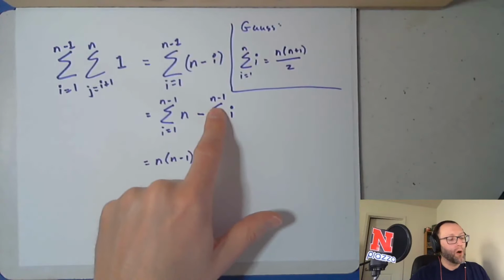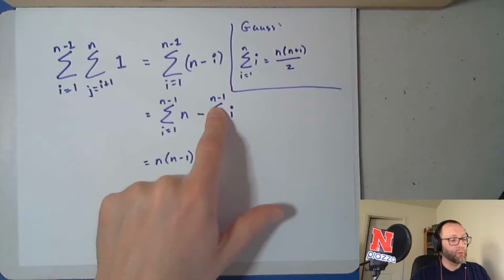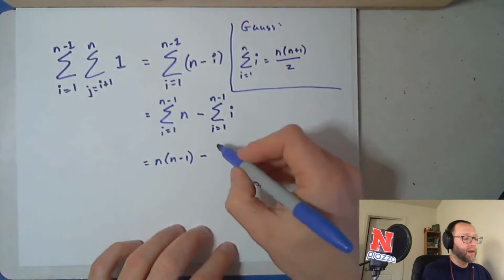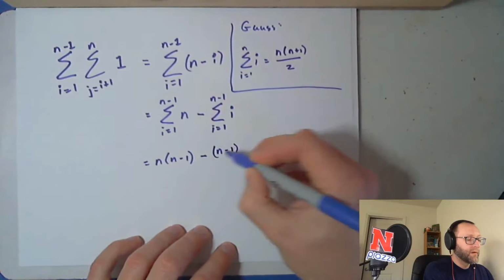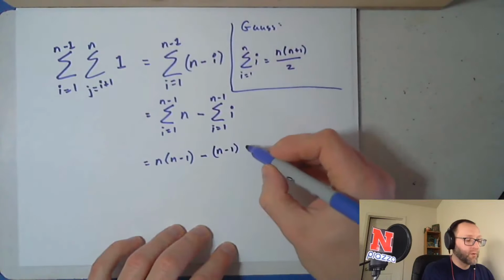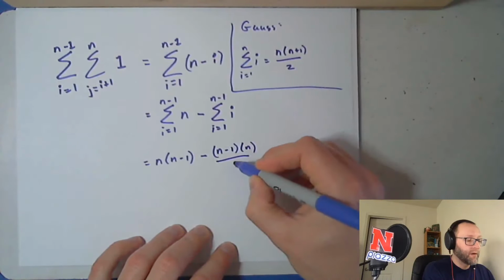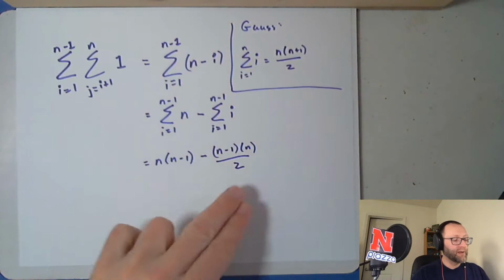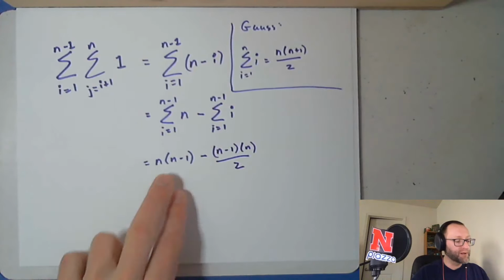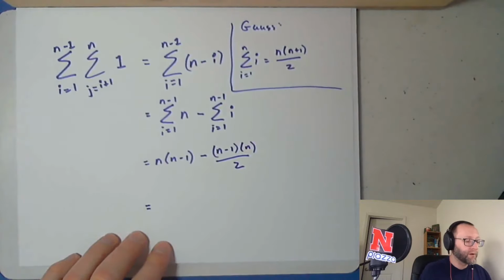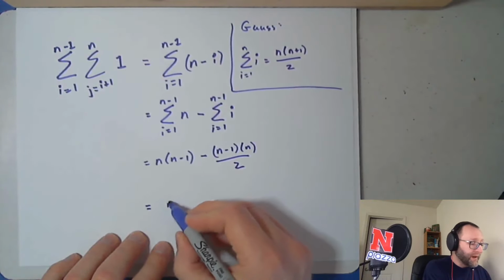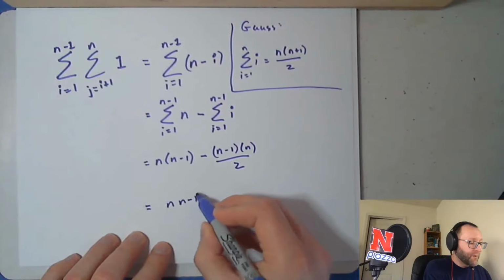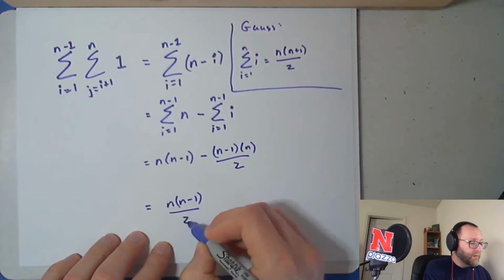We don't go up all the way. We stop short at n minus 1. So if I plug that in for n, then I get n minus 1. And n minus 1 plus 1 is going to be n all over 2. Now rearrange those, and you see that the second one is half the first. So I can simplify this further. And it's simply n times n minus 1 all over 2.